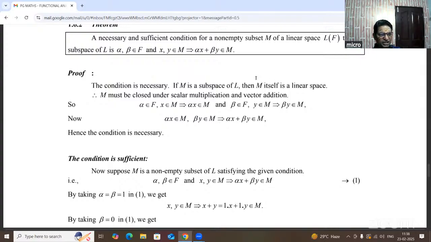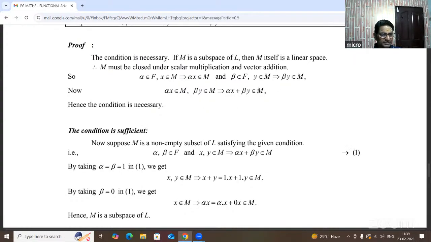The same linear space conditions must hold in capital M. So alpha being a field element and x belonging to M, alpha x also belongs to M. That is scalar multiplication in the linear space. Similarly, beta y also belongs to capital M. So we take these two scalar multiplications, alpha x and beta y. So alpha x plus beta y belongs to capital M. That is the necessary part of the condition.